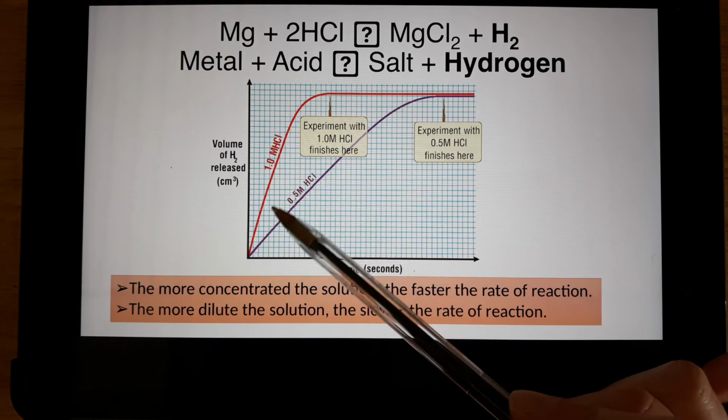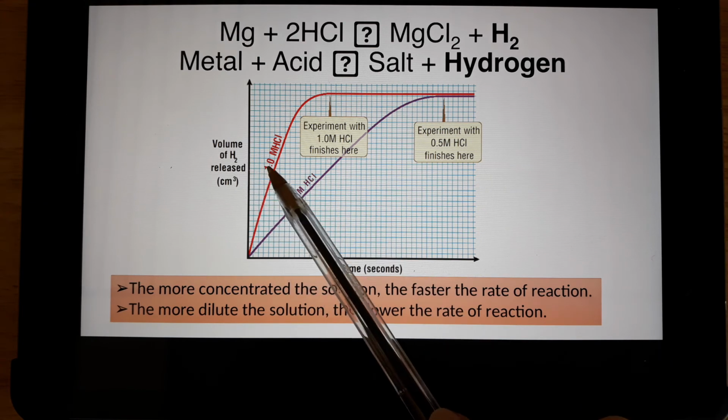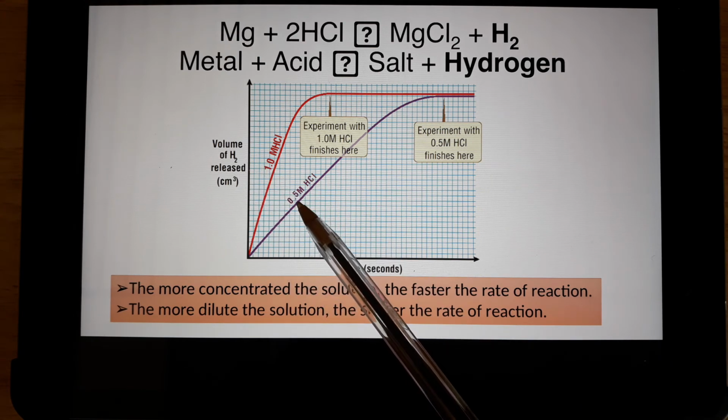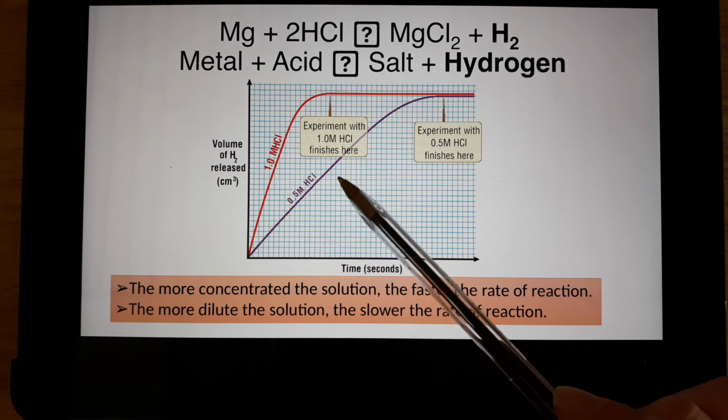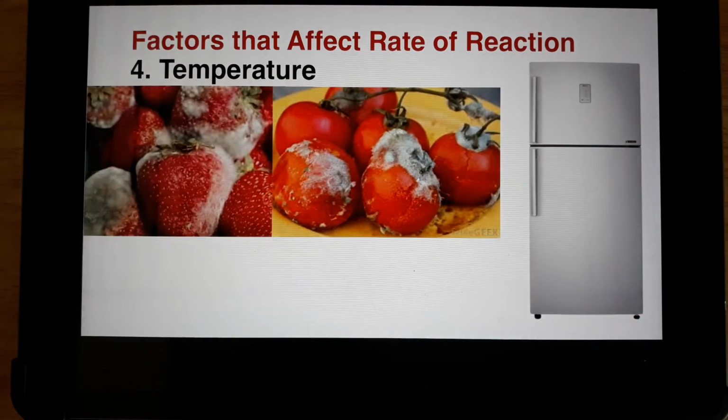Here this student has repeated the experiment using 0.5 molar hydrochloric acid, hence exactly half as concentrated a solution, and you'll see this slope is exactly half as steep. Therefore, the more concentrated a solution, the faster the rate of reaction. The more dilute a solution, the slower the rate of reaction.